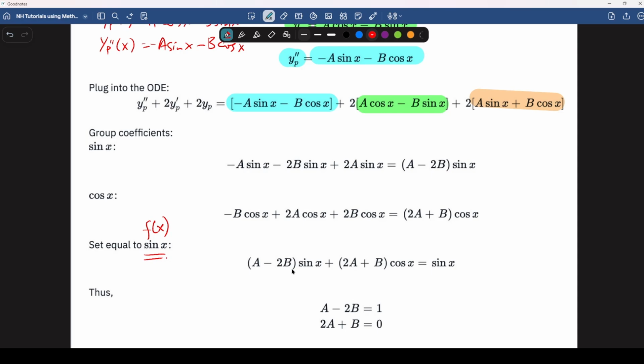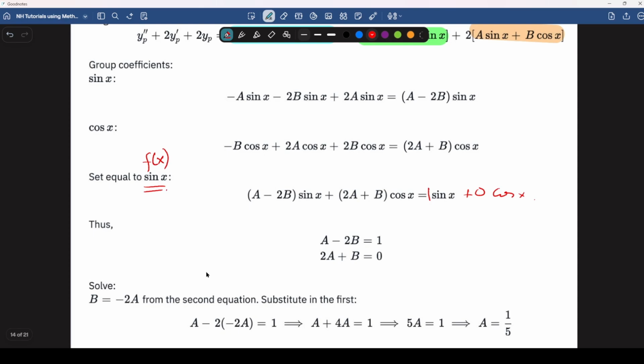So a minus 2b equals 1, since the coefficient of sine x is 1. And 2a plus b equals 0, because there's no cos x.